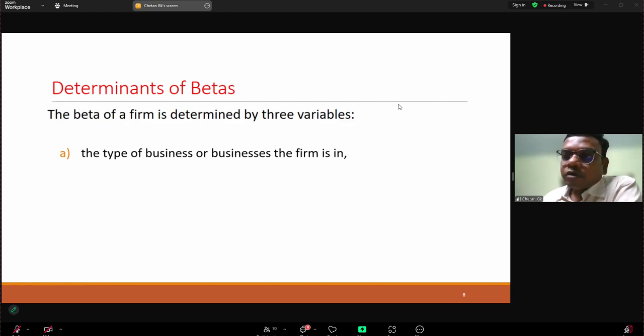I'll ask you a question. The beta of Hindustan Unilever versus the beta of, let's say, Tata Motors. Tell me whose beta will be less as per your understanding. Tata Motors should be less. Is it so?